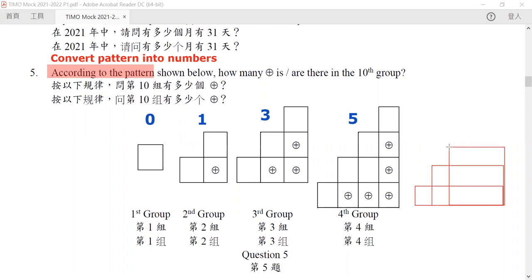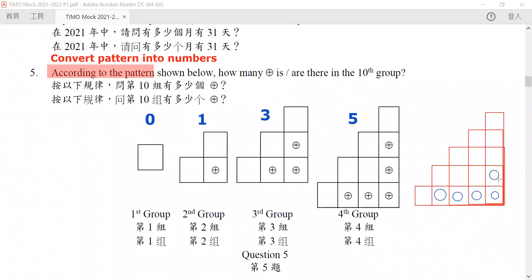For our fifth group, it will be something like this. According to your patterns, it will have a circle in here, another circle in here, another one in here, and so on.